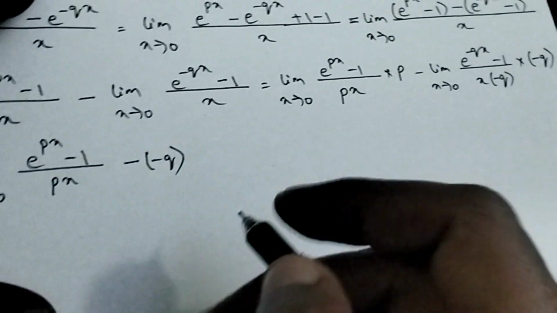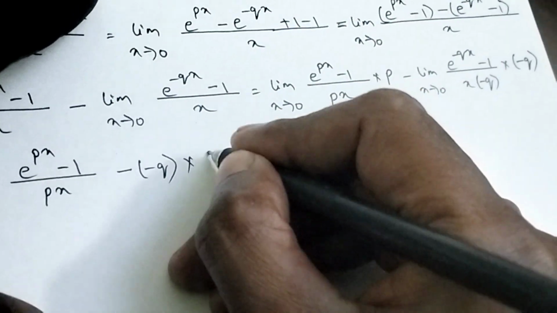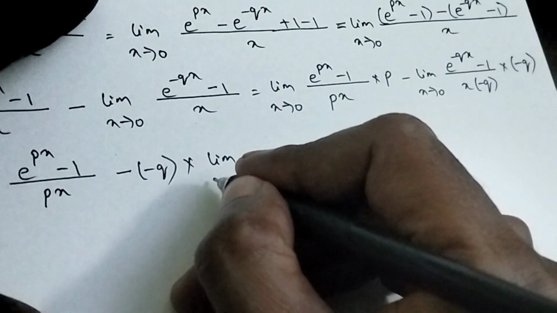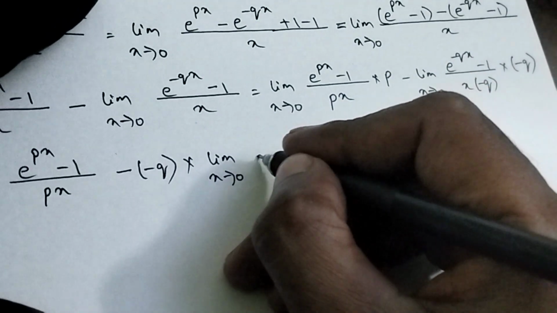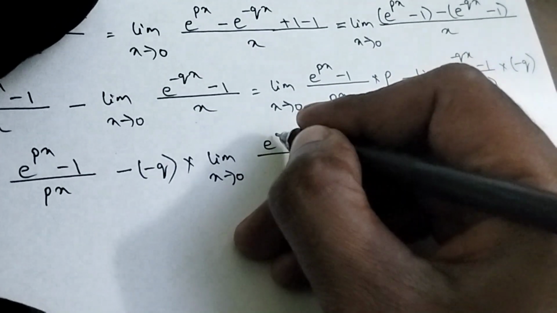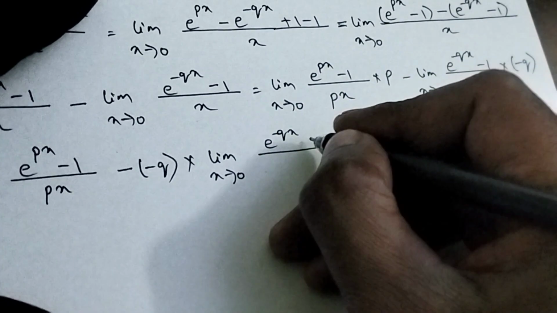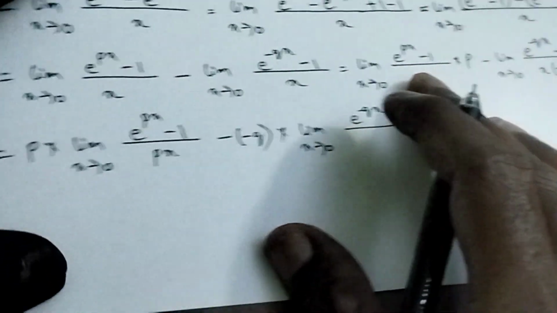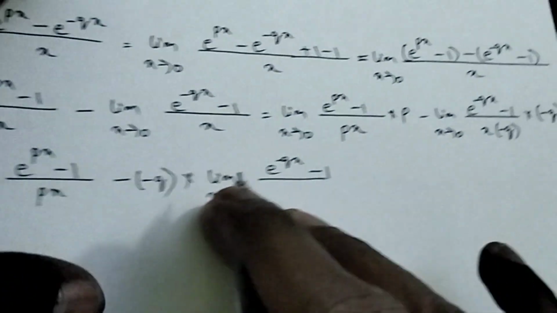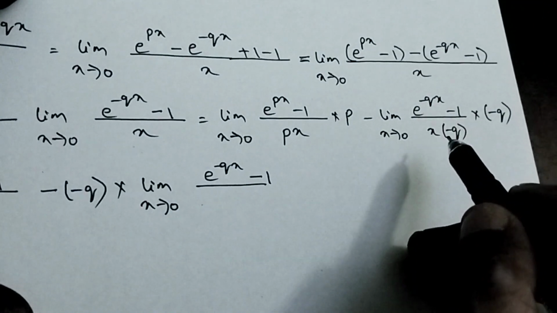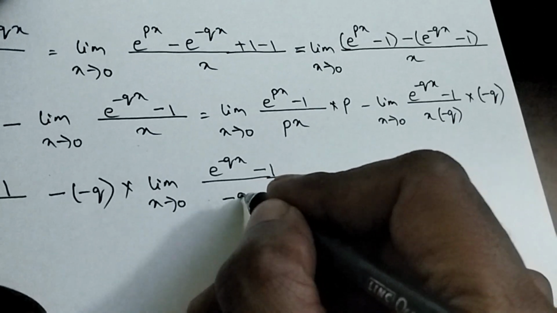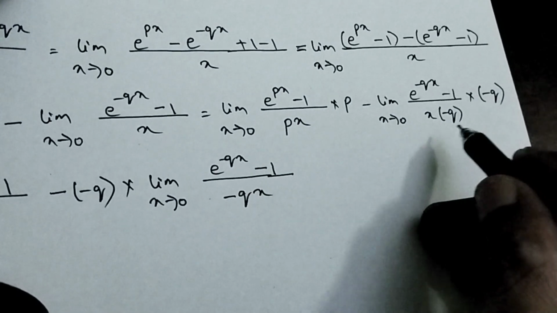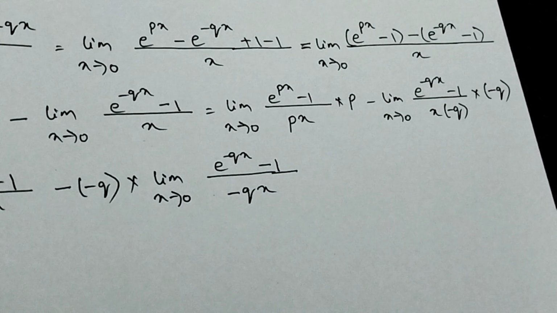So minus of minus q into limit x tends to 0, e to the power minus qx minus 1 by minus qx. x into minus q is minus qx.